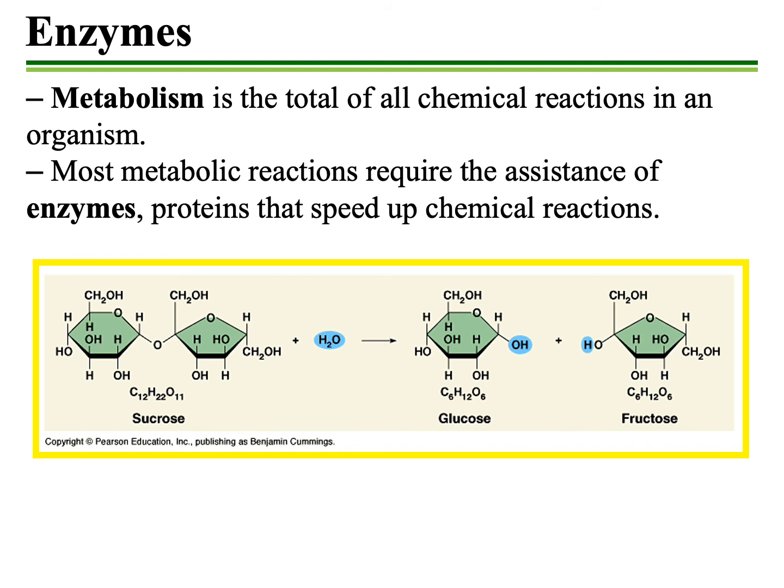If you look at the figure on this slide, what you're looking at is the catabolism of sucrose. What you see is a hydrolysis reaction where sucrose, which is a disaccharide, is being broken down with the assistance of water, because again it is a hydrolysis reaction, to form glucose and fructose. There's a breakage of the bond between those two monomers in sucrose, and there are new bonds that are forming with the water that is being utilized in these reactions.